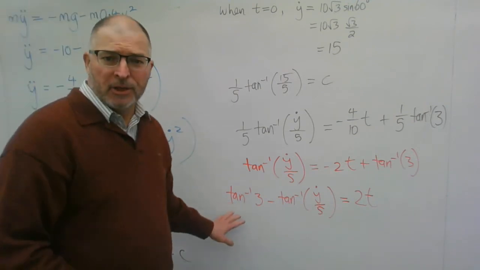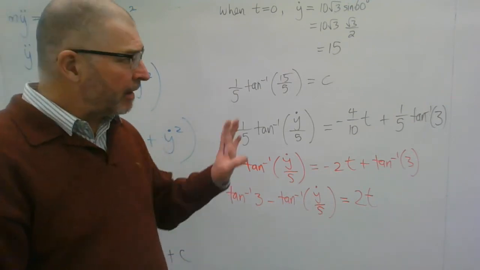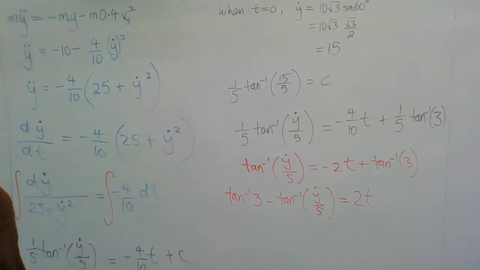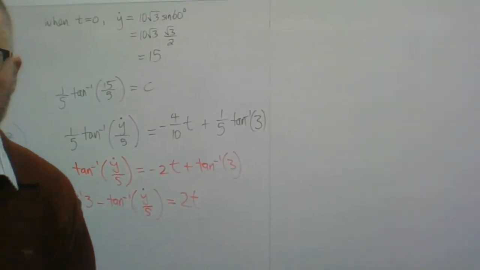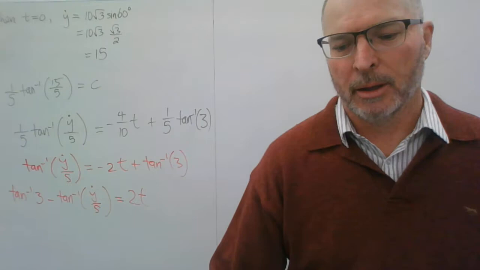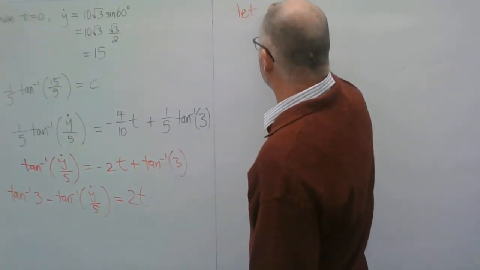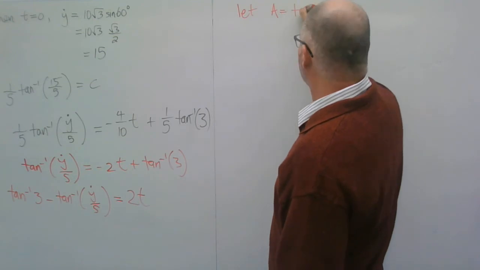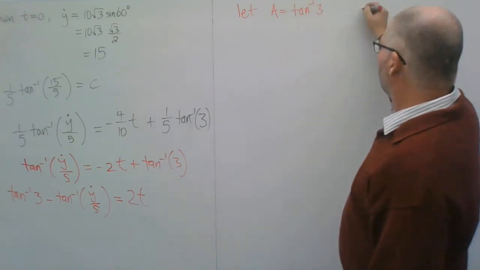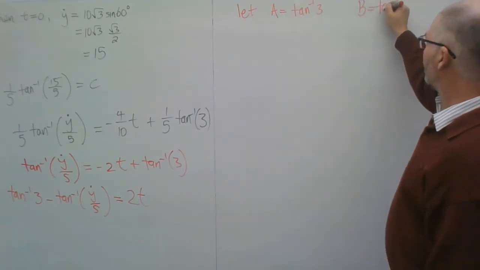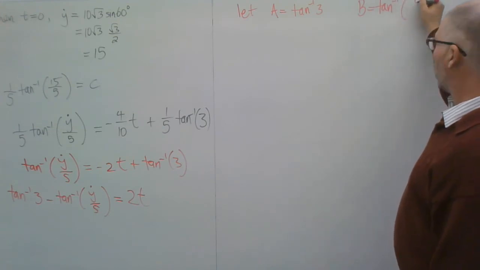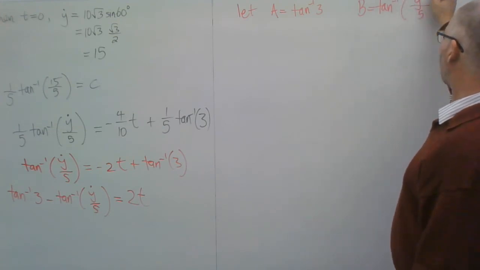All right, so this trick, I'm going to go to this extra bit of board here and write it out. So I'm going to let A equal inverse tan of 3 and B equal inverse tan of y dot on 5.